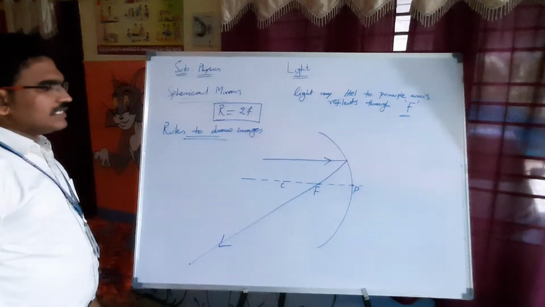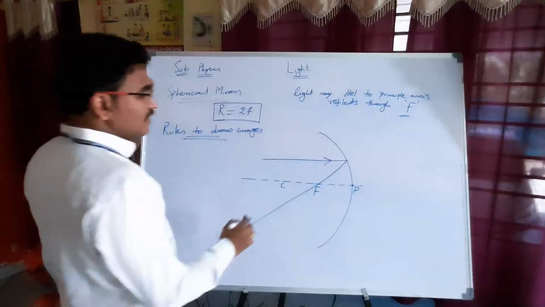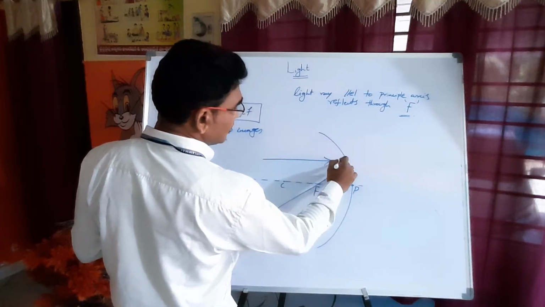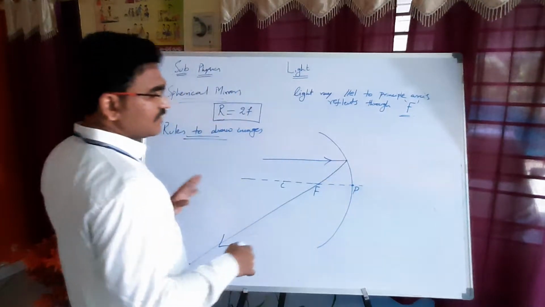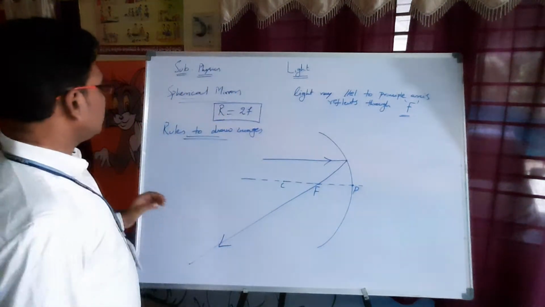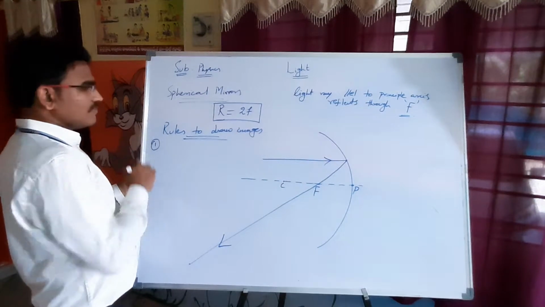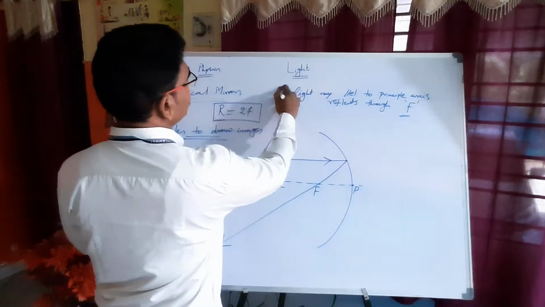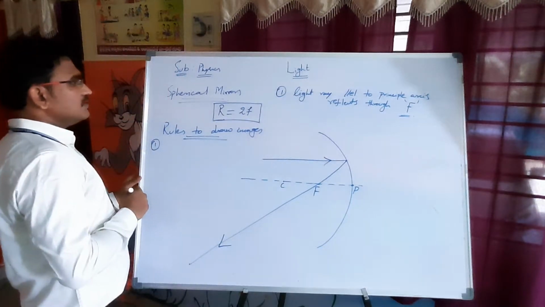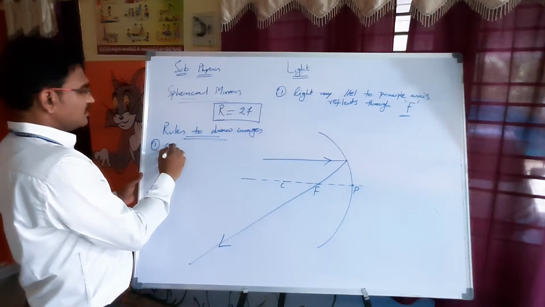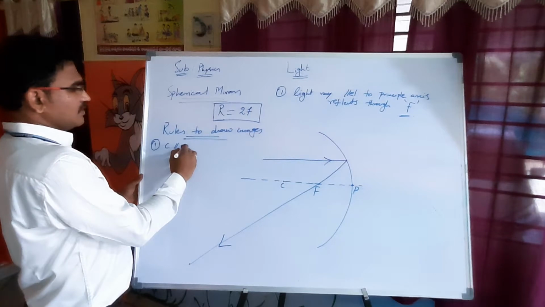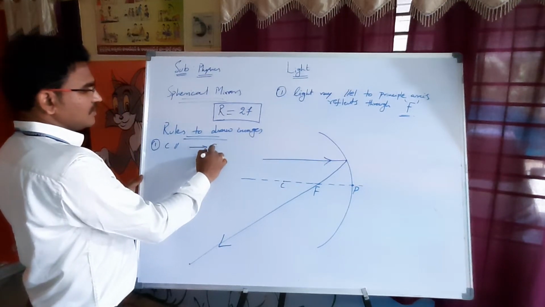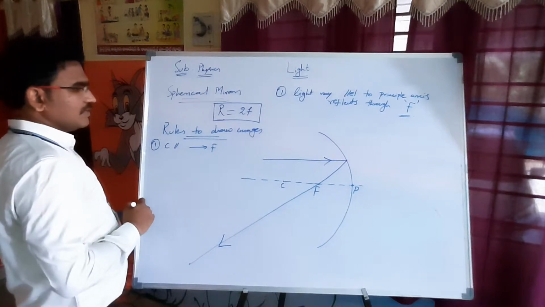This is what we should understand. Again, if you have any doubts, what do you do? You draw the normal, and then this will be the angle of incidence, this will be the angle of reflection. Now this is rule 1.